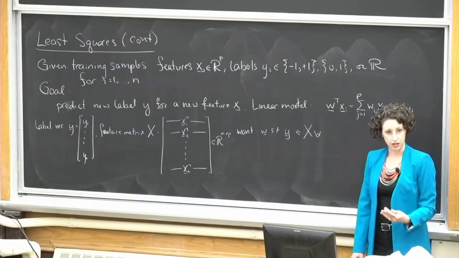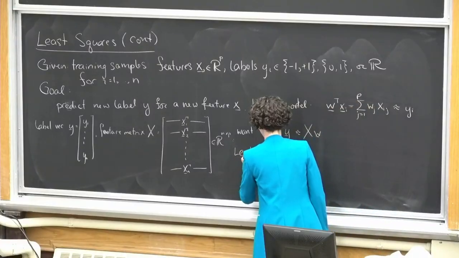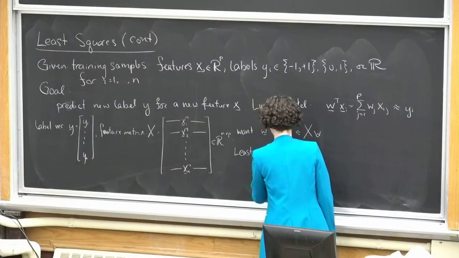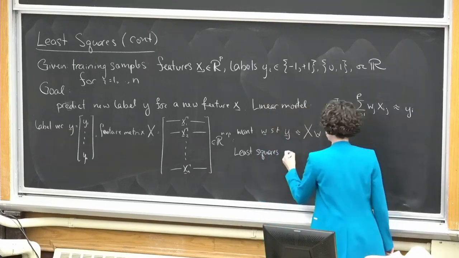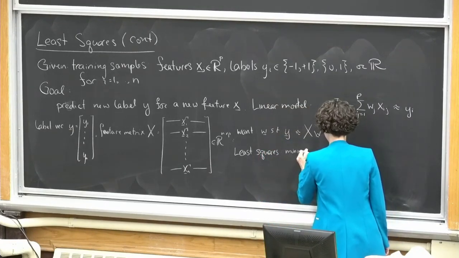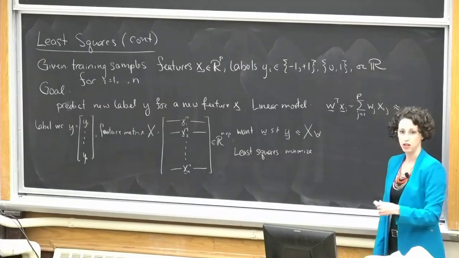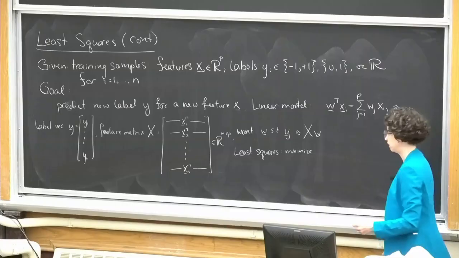So what we looked at last time was least squares, where what we wanted to do was to find the w that would minimize the sum of all the squared differences between the training labels and the predicted labels.